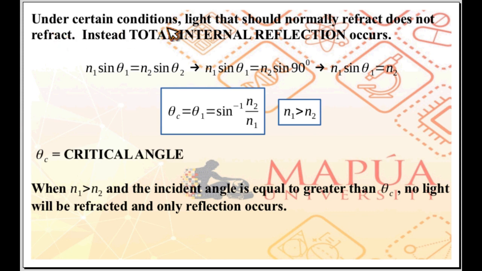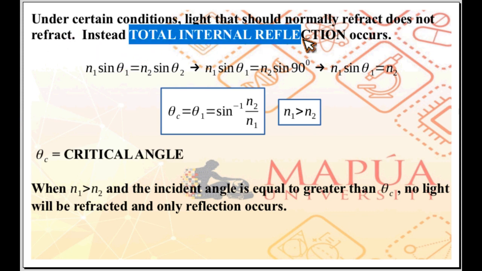Under certain conditions, light that should normally refract does not refract. Instead, total internal reflection happens. Let's take the law of refraction equation. n1 sine theta 1 is equal to n2 sine theta 2. You have incident light and refracted light.